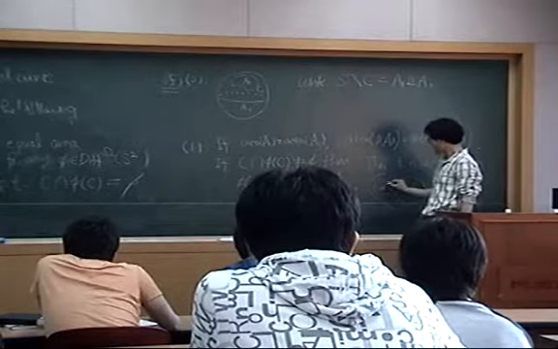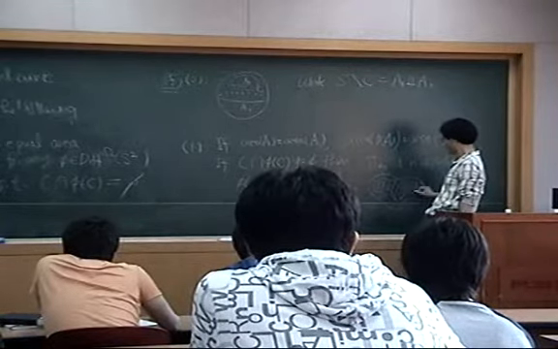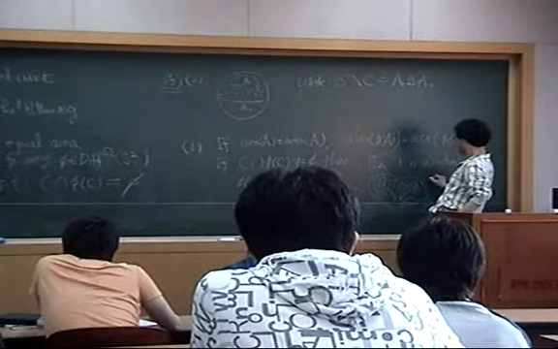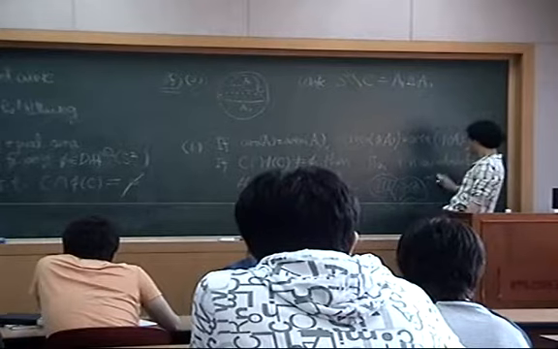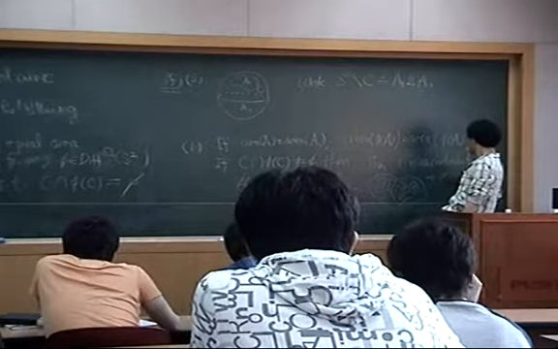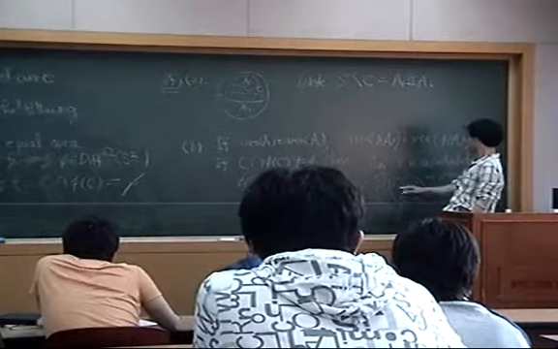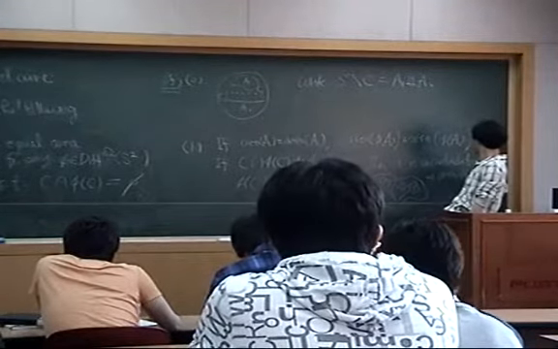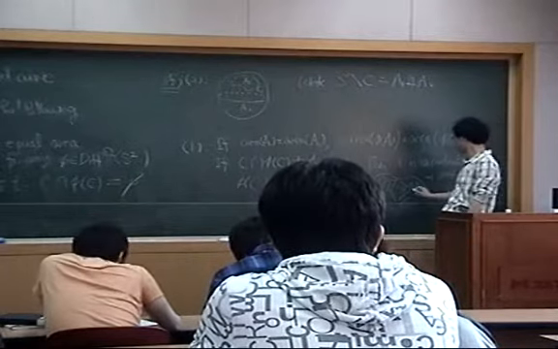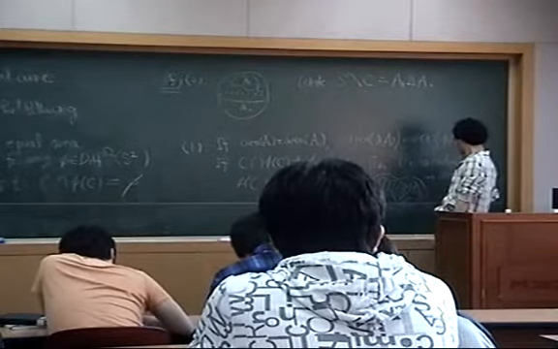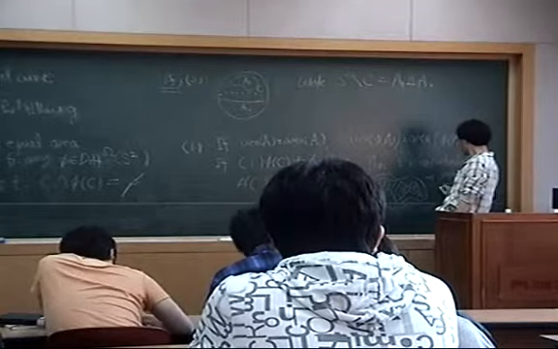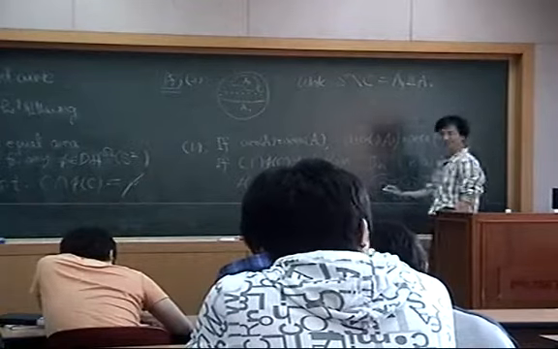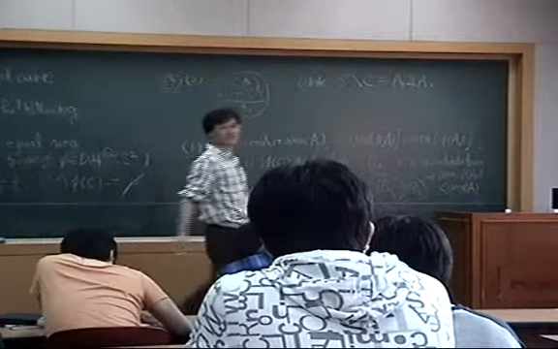So the area of phi of A1 or A2, let's say A1, should be strictly smaller than A1. But that's a contradiction. The area should be the same.